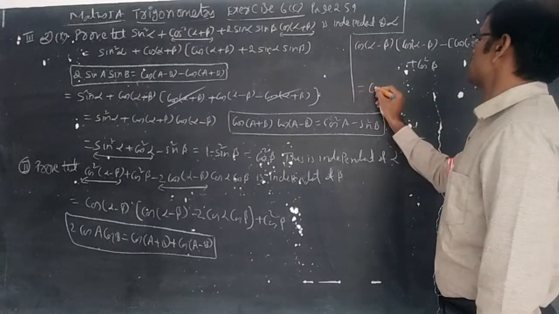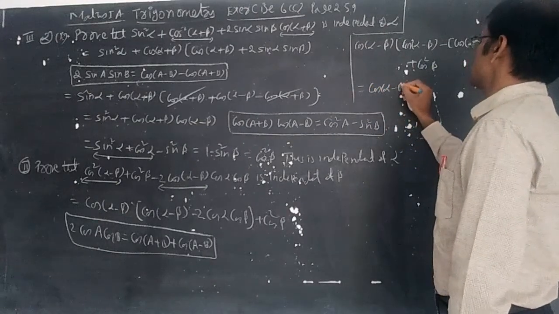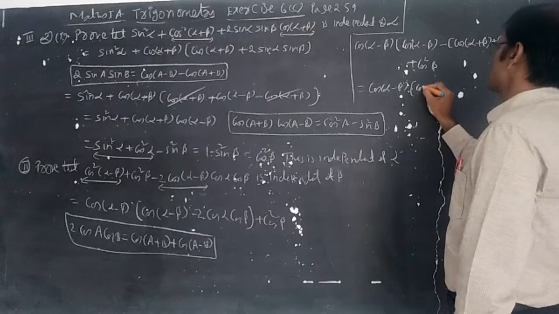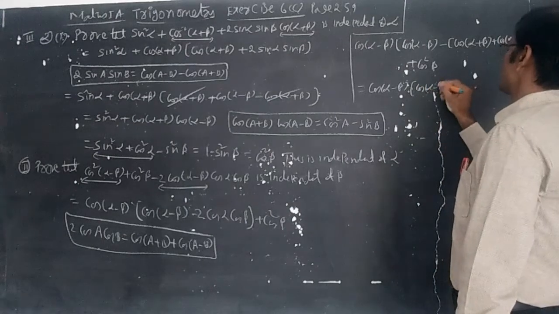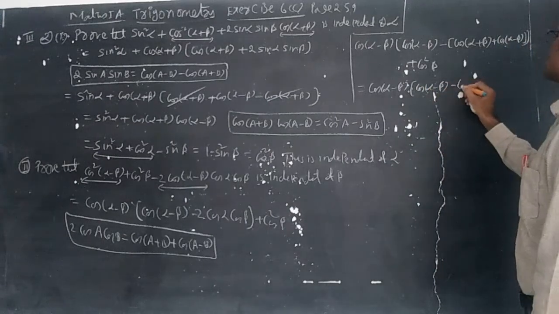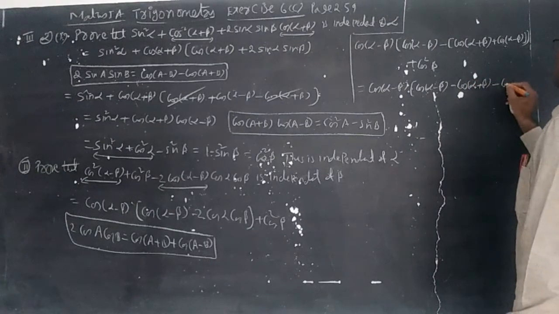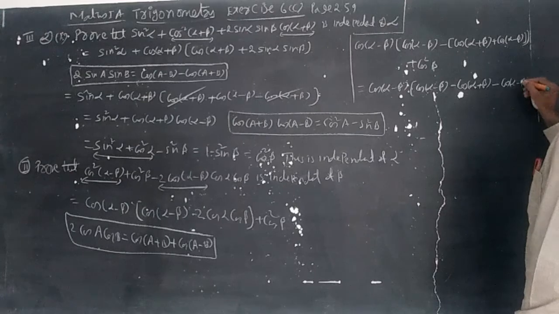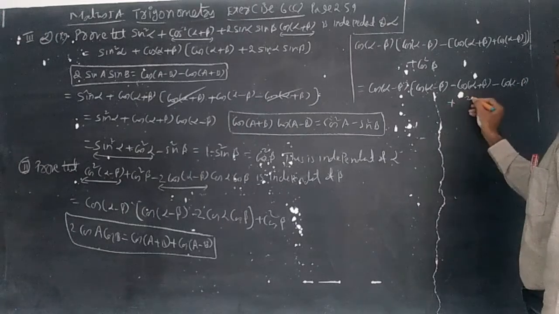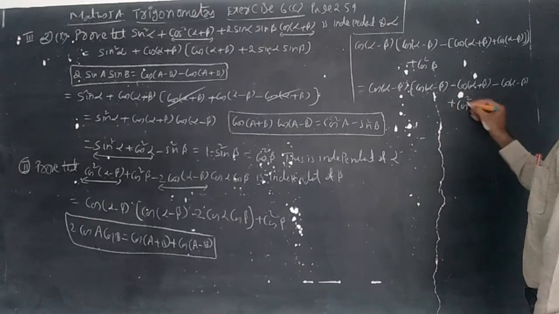That is equal to cos of (alpha minus beta) taken common, so it is cos of (alpha minus beta) minus, we expand this, cos of (alpha plus beta) minus cos of (alpha minus beta), plus cos square beta.